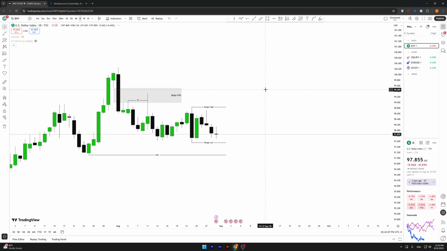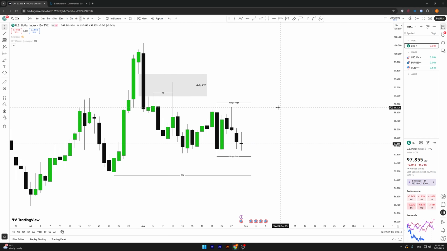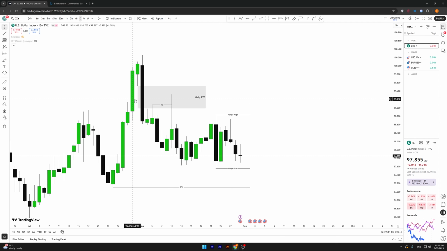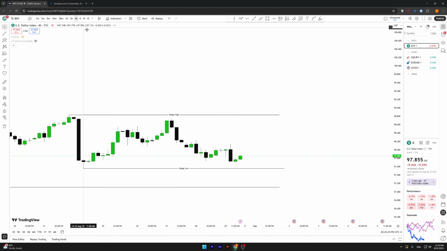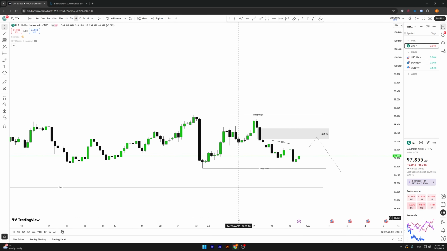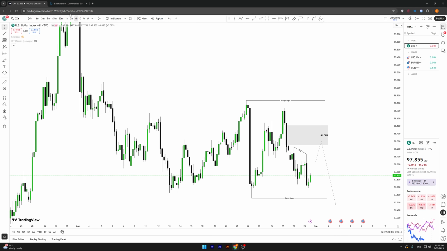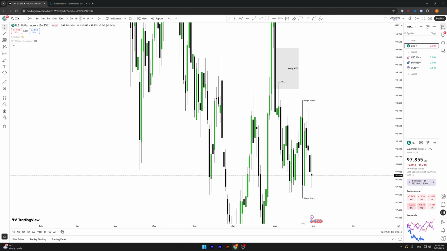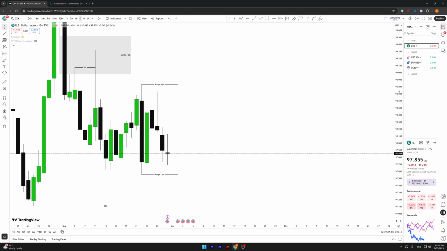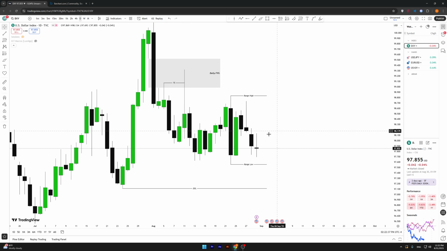Now let's look at the daily time frame. As you can see, price respected this zone, dropped to the downside, cleared out this low, and then released to the upside. In 4 hour, price respected this zone. Price respected this valid zone, and now price is creating a range.